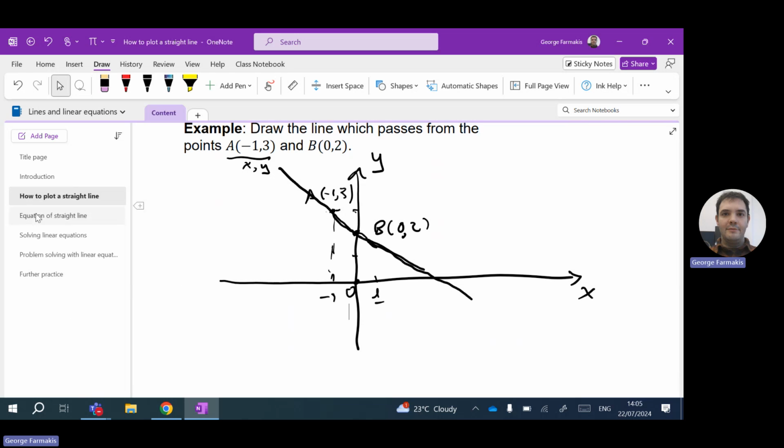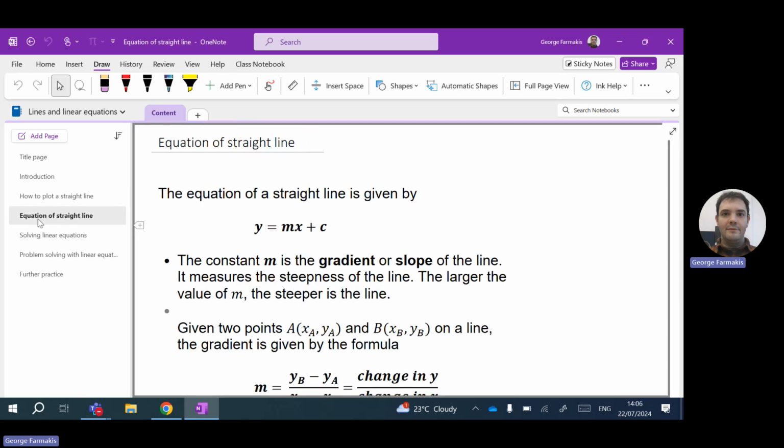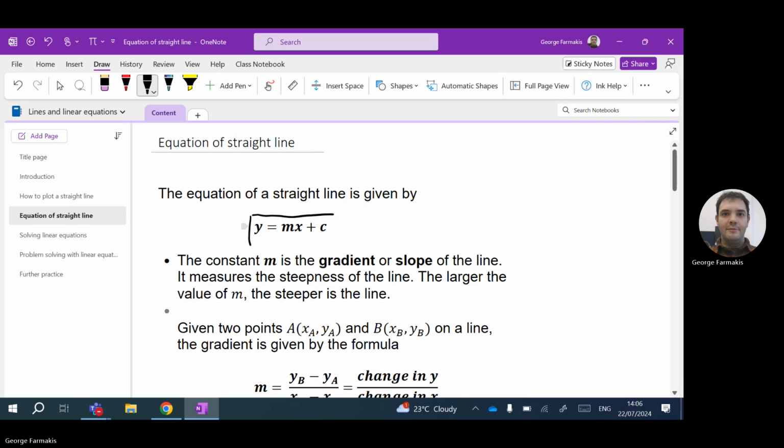Now let's try to be a little bit more systematic, and let's introduce the equation of a straight line. The equation of a straight line is given by this formula: y equals mx plus some constant c.